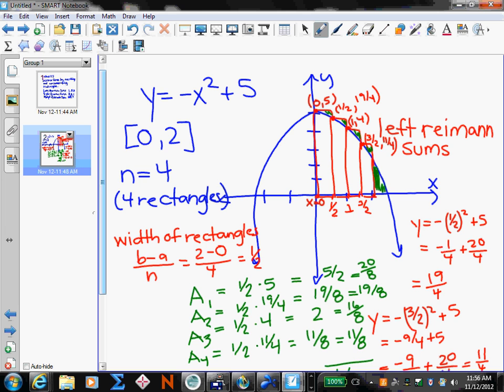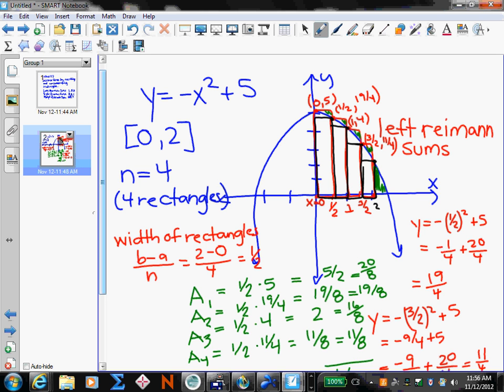rectangle. If I use my right Riemann sum, which I will draw in black, from 0 to 2, I want the right-hand corner of the rectangle to hit the curve. So in this case, the first rectangle that I'm going to look at is this rectangle right here. My second one looks like this. Then my third one will look like this. And then my fourth one, which I'm going to have to use the coordinate of 2, which is here, looks like this.